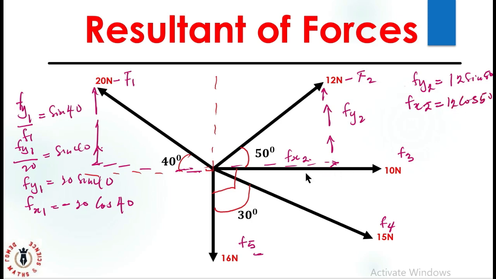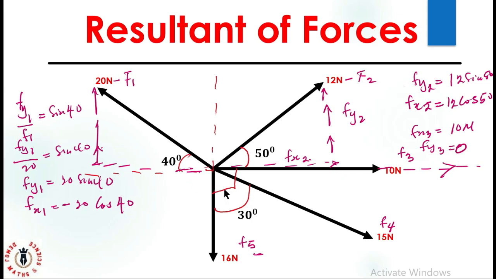Now we are left with F3. If you look at F3, F3 is directly on the x-axis. So F3x will be equal to 10 Newton, while F3y will be equal to 0 because it has no y component.